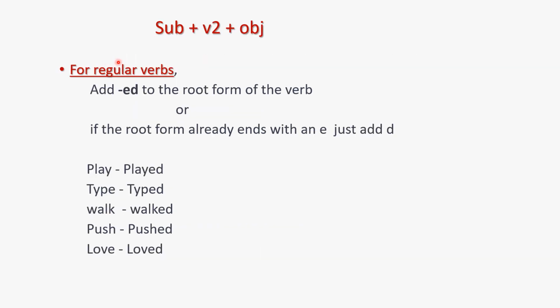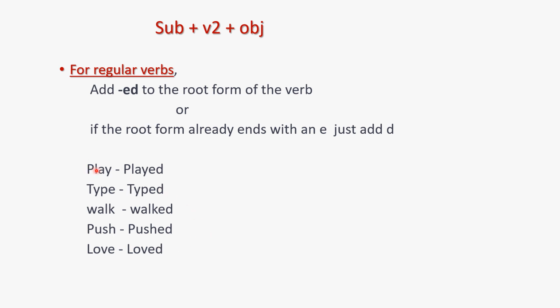In every tense, we should remember regular verbs. Add ed to the root form of the verb, or if the root form already ends with an e, just add d. For example, play, played, type, typed, walk, walked, push, pushed, love, loved.